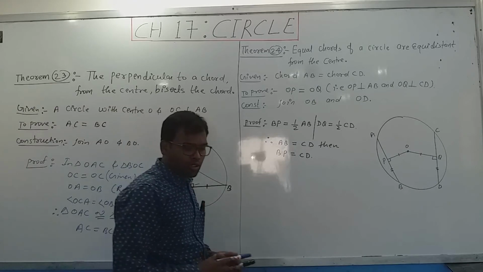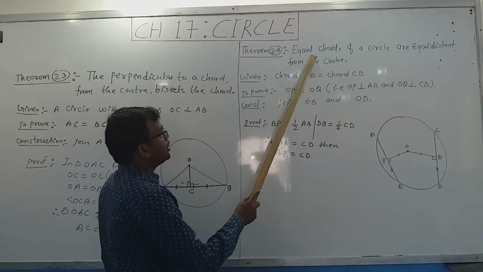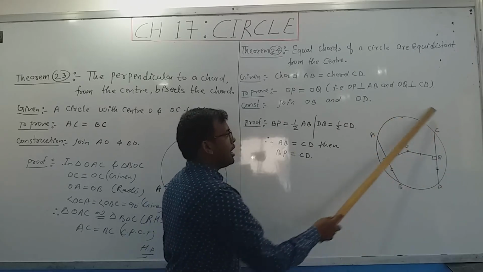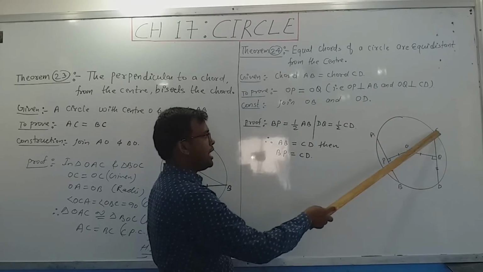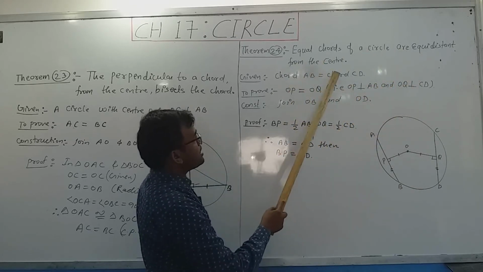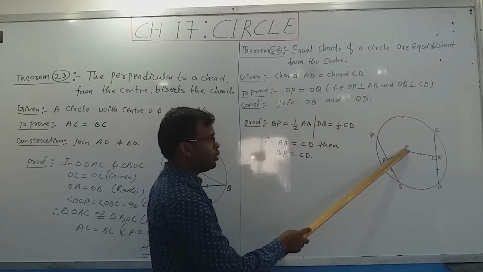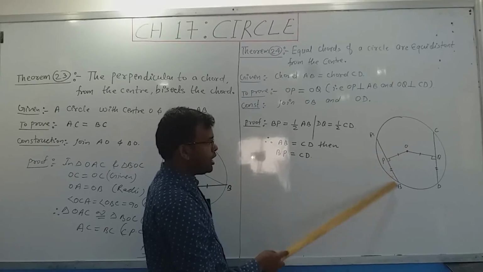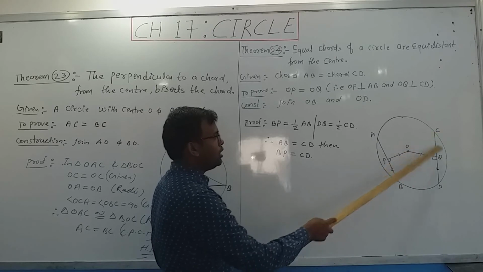Now see theorem number 24. Equal chords of a circle. Suppose this is a circle having equal chords AB and CD, which are equidistant from the center. That means suppose O is the center and draw perpendicular OP on AB and OQ on CD.